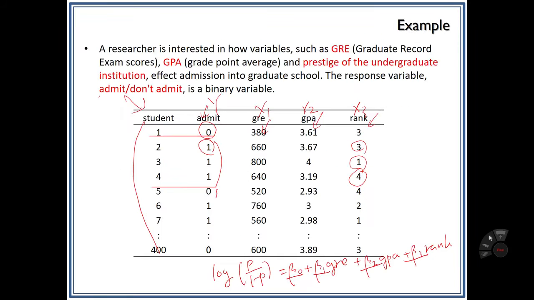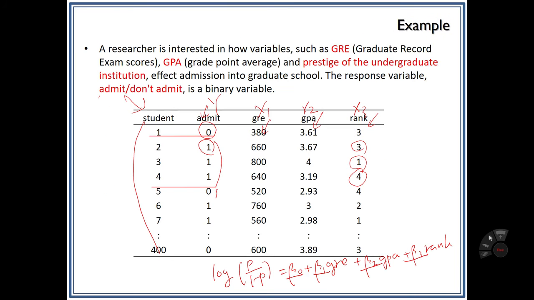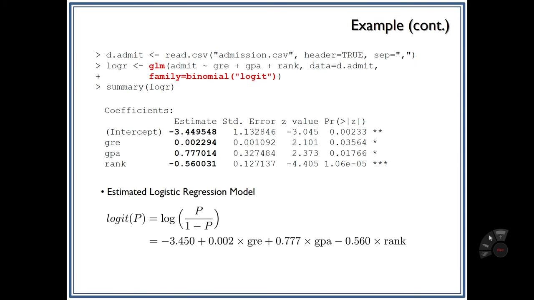For a simple example, I think we could do that by hand if we know the gradient descent method, but in this case we cannot, so we have to use software wisely. As I told you, in this class we will use R software. So this is the R code to find the logistic regression model.